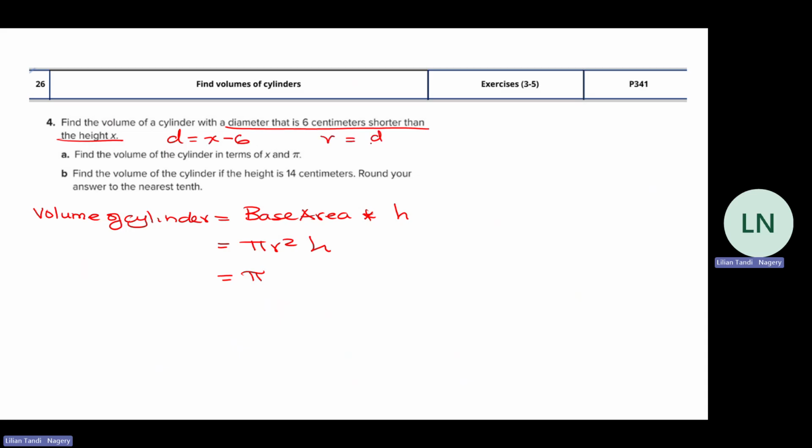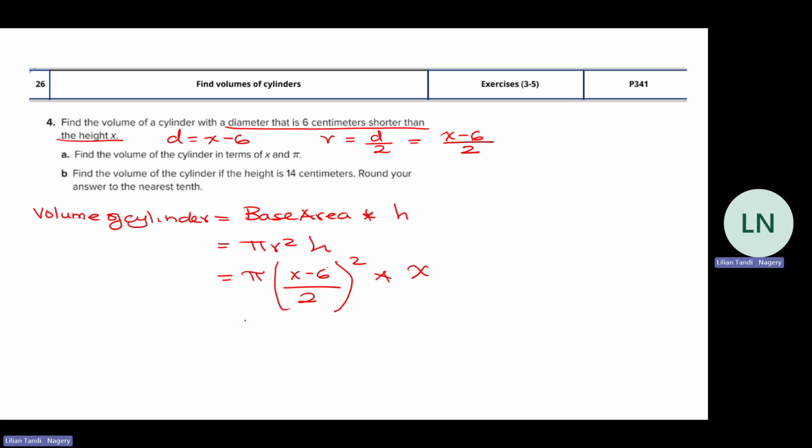It will be diameter divided by 2, which is x minus 6 divided by 2. So I will put here x minus 6 divided by 2, and then I will square it. Okay, I don't need to use the parentheses here. And then the height is x.